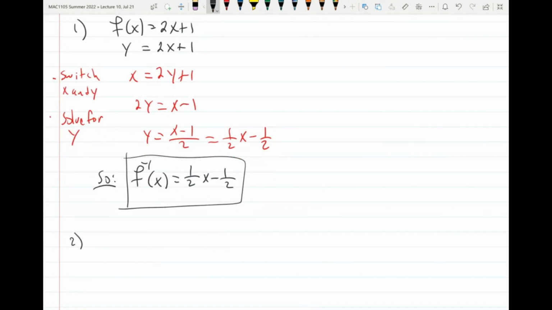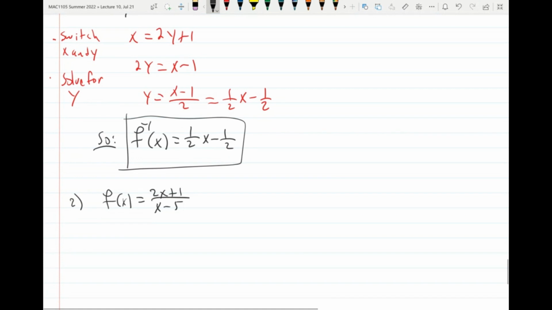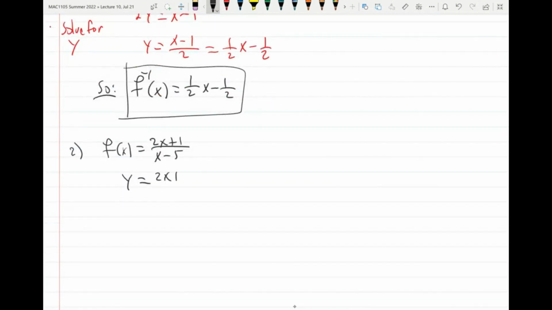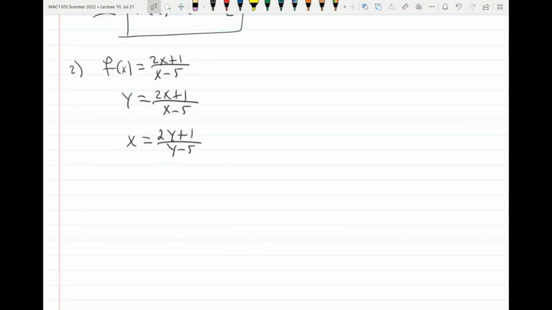So I wrote here 2x plus 1 over x minus 5. Again, same idea. So we have y equals 2x plus 1 over x minus 5. Now we need to switch x and y. So x equals 2y plus 1 over y minus 5. And now our job is to solve for y.